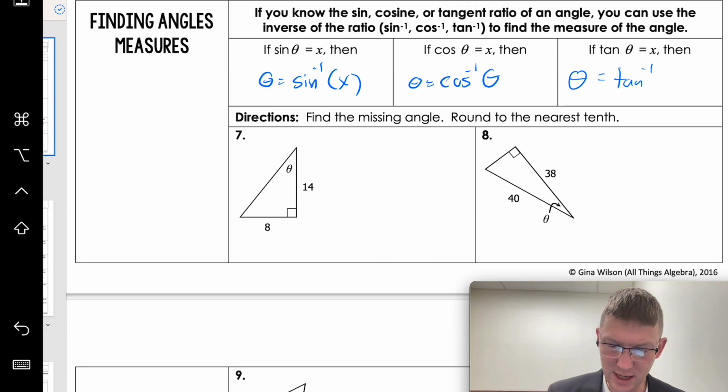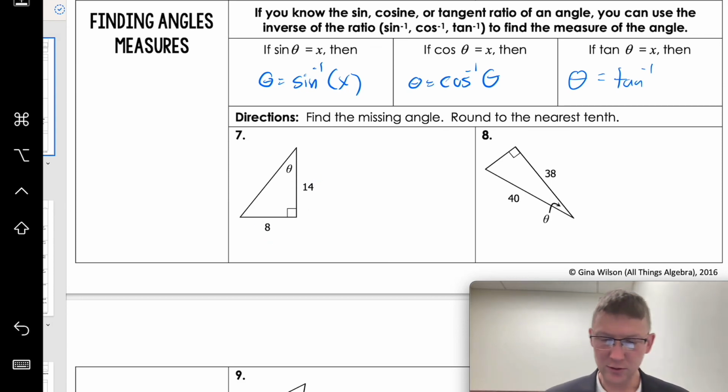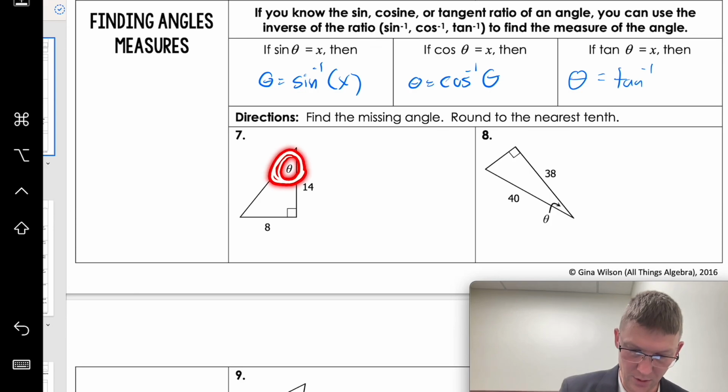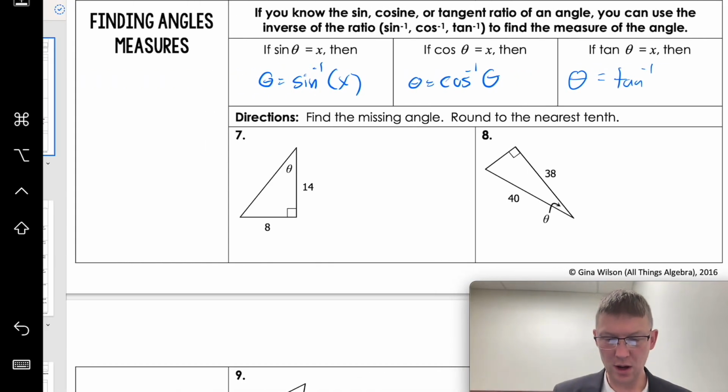So what does that look like? If we're looking at number 7, it says find the missing angle, round to the nearest tenth. So we have both legs, but we don't have the hypotenuse. So that's going to be our tangent of theta. Tangent is opposite over adjacent.